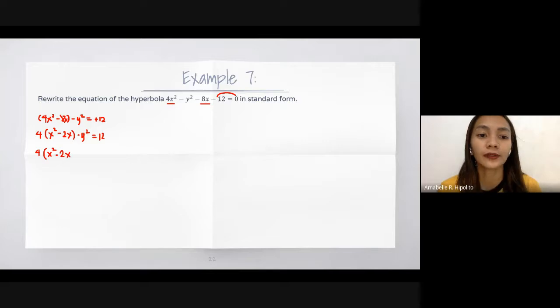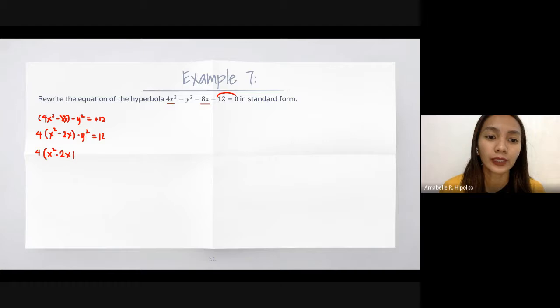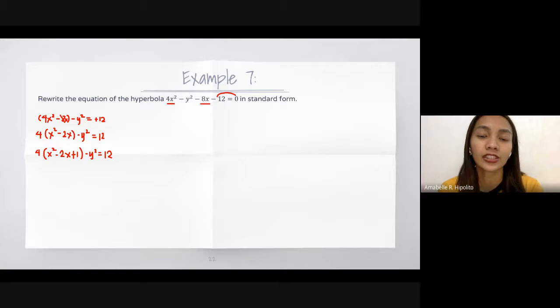So, 1 squared is positive 1. So, therefore, mag-add 1 lang tayo dito. Okay, minus y squared equals 12. And then, para mabalance siya, mag-a-add din tayo dito. So, since 1 yung dinagdag natin dito and meron tayong 4 dyan, if you are going to multiply 4 times 1, that is 4, diba? So, therefore, ang i-add natin dito is 4.